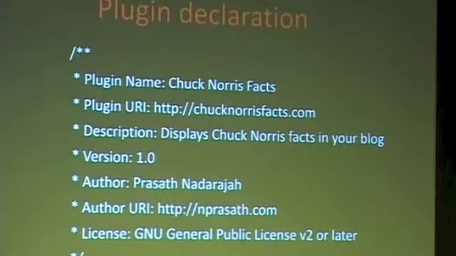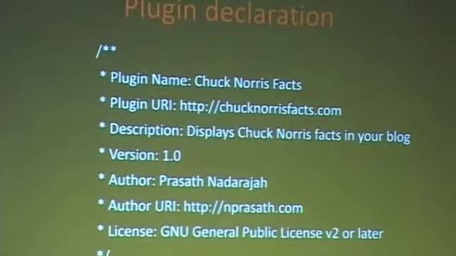And you must declare some information about your plugin so WordPress can understand what it does. These are the parameters you have to fill up. You don't need to fill up everything. Just a plugin name would do. So I'm naming it Chuck Norris Facts because it displays all the Chuck Norris facts on my website.